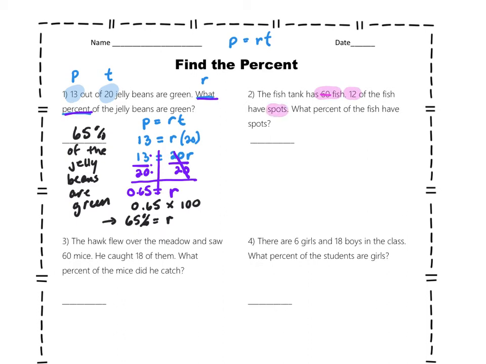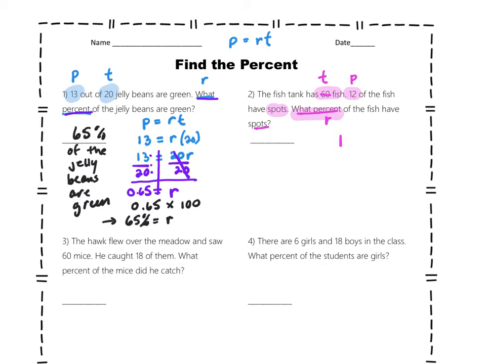So the question is, what percent of the fish have spots? So we know, as I look at 60, that seems like a total. There are a total of 60 fish in the tank. Part of them have spots. So 12 is the part. And what percent is our percentage rate. So please label that.